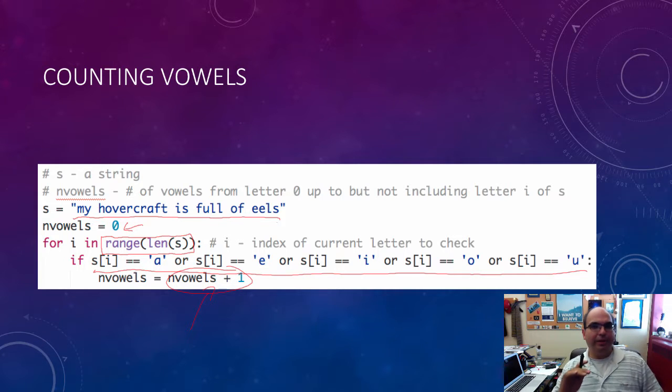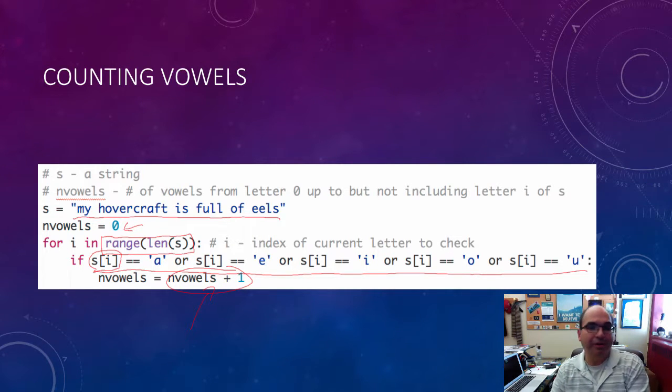Now remember that when I look at S sub I, which I'm going to do here, okay, then what I'm doing is looking not at the ith letter, but the letter in position I starting at 0. So the first time I is going to be 0 because that's the way range works. And so S sub I will be the M, the first letter.